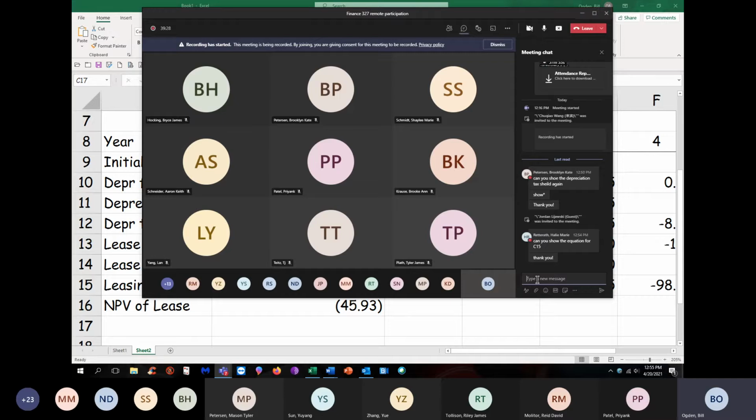So based on the beginning of what I was saying earlier, if you were the lessee, on the lessee side of this lease, of course, there's always two sides, right? The lessor and the lessee. Should you be leasing this asset?